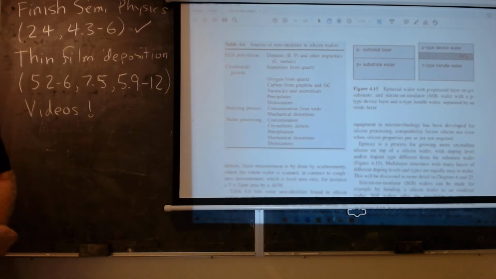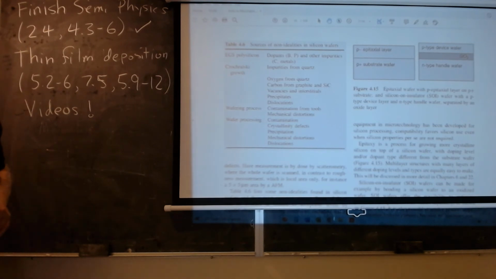The only part that I went over just now that might require a little additional development is that business of figuring out how many atoms are in the lattice in order to calculate the density, and so the way I may handle that is by assigning it as a homework problem, and so you'll learn how to do that.